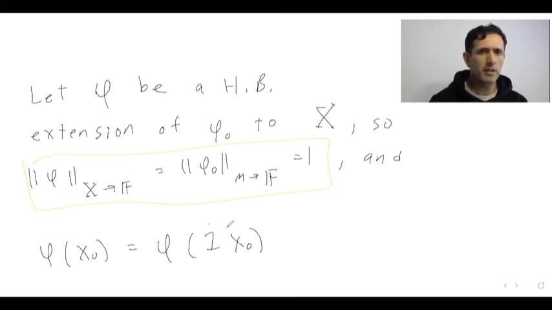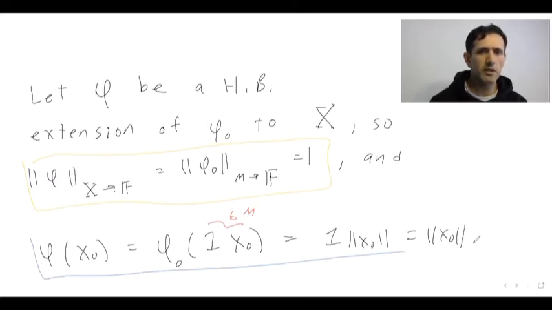And obviously, this is in M. So phi is phi 0 on M. Phi extends phi 0 from M to all of X. Right? So this is going to be given by 1, this is my alpha, times the norm of x0. That's obviously the norm of x0. And that's the other piece that I wanted. That's the second half. Okay.